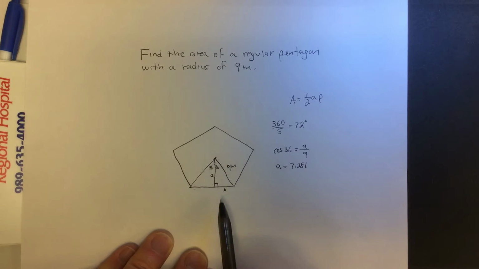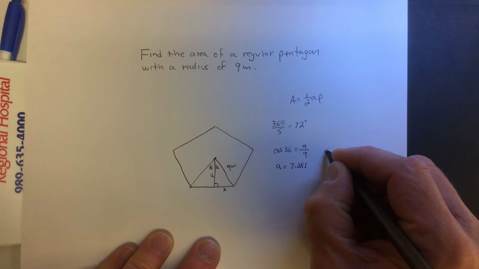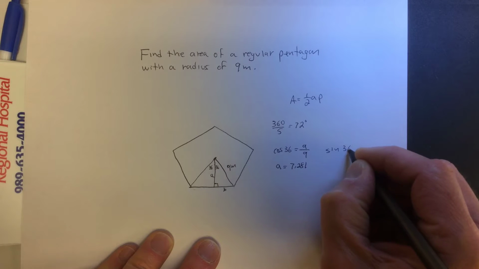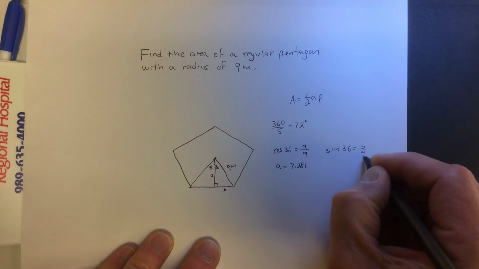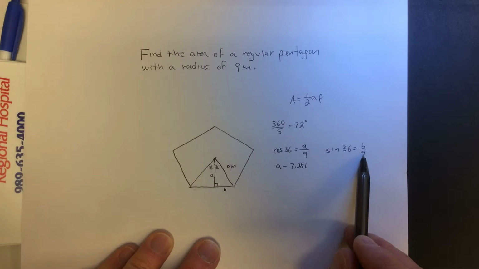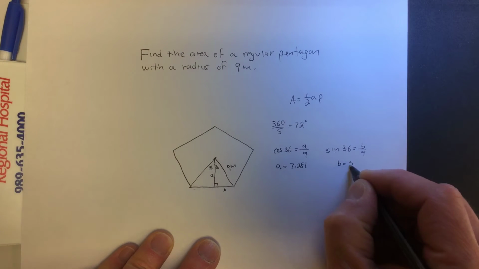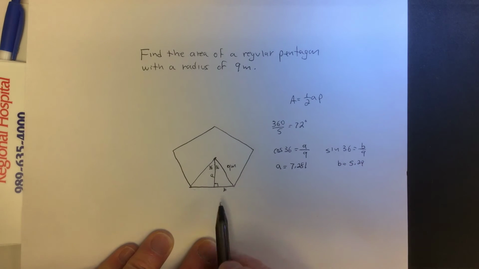I can find this in this triangle. This is the opposite leg, and that's the hypotenuse, so that's sine. So I'm going to use sine of 36 is equal to B over 9. When I calculate that, sine of 36 times 9, I get B is equal to 5.29. So that distance is 5.29.